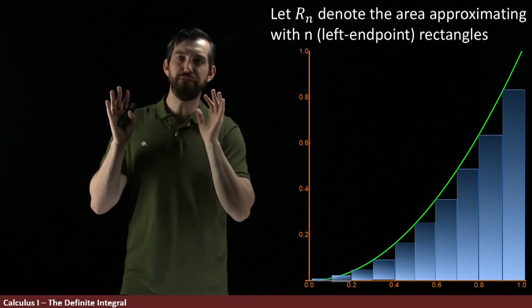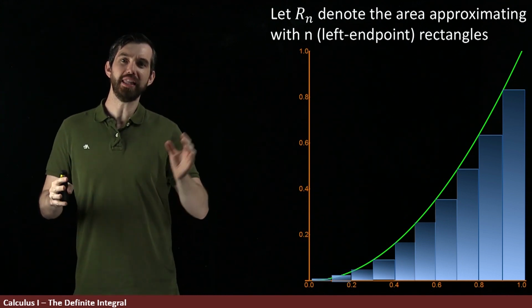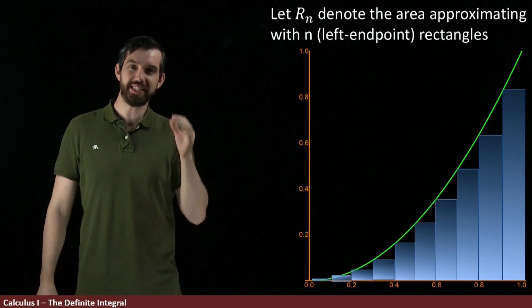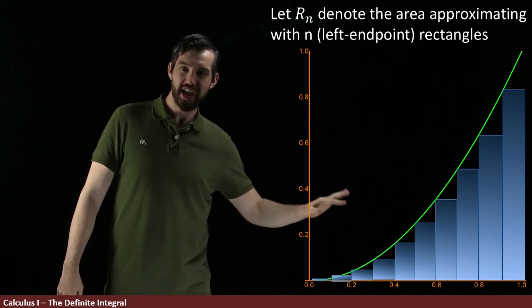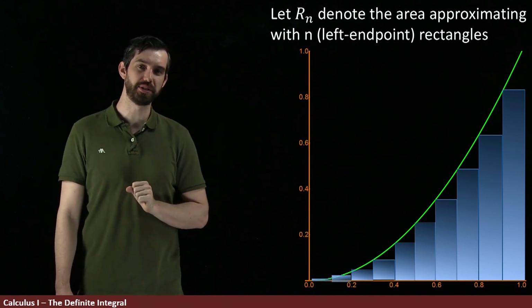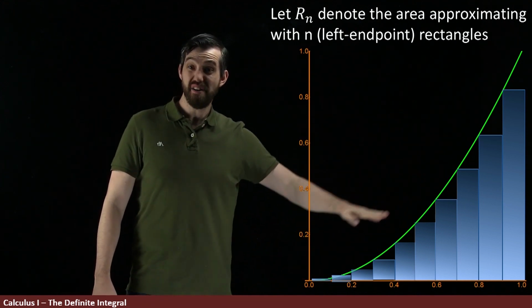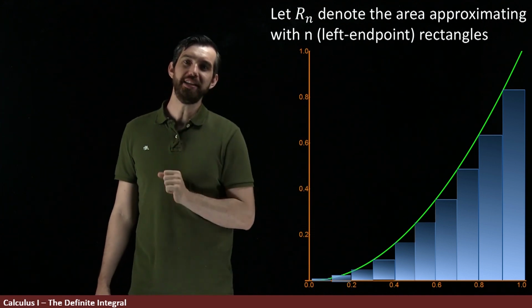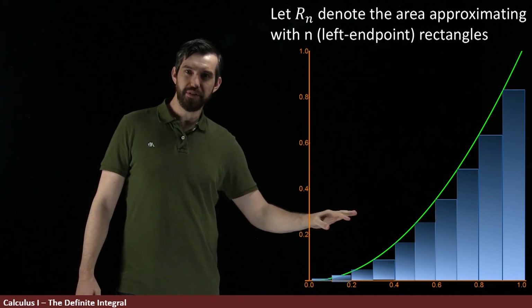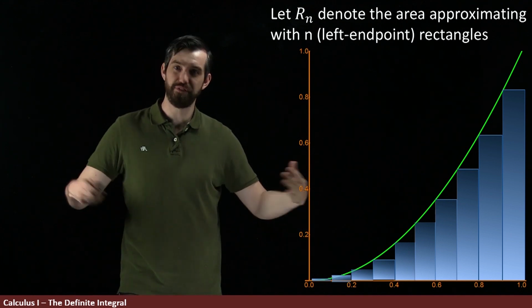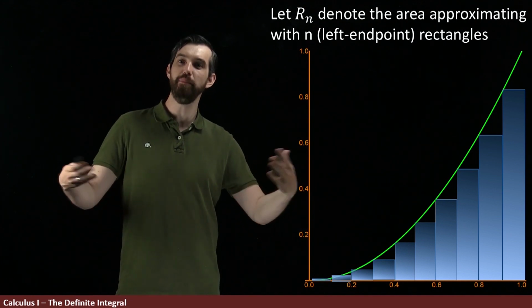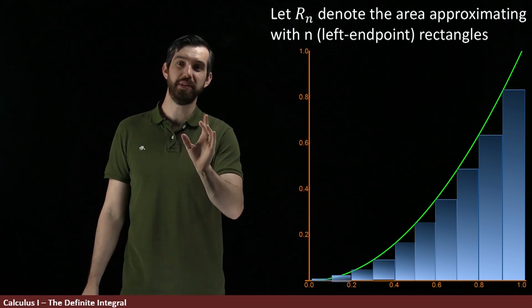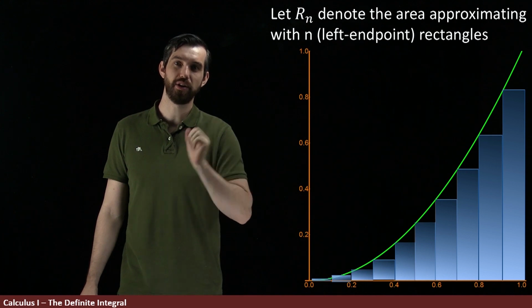So here is the fundamental idea. Let Rn be a shorthand standing for the area if I approximate it with n different rectangles. In this case, we have 10 different rectangles, so I've approximated with R10. Then the big idea is this. What if instead of 10 different rectangles, I used 50 or 100 or 100 million different rectangles? All of these are possibilities. And in particular, what happens if I let the value of n go to infinity?